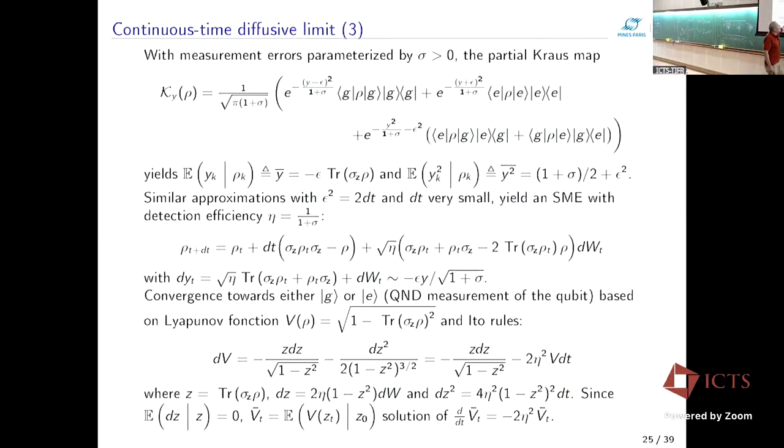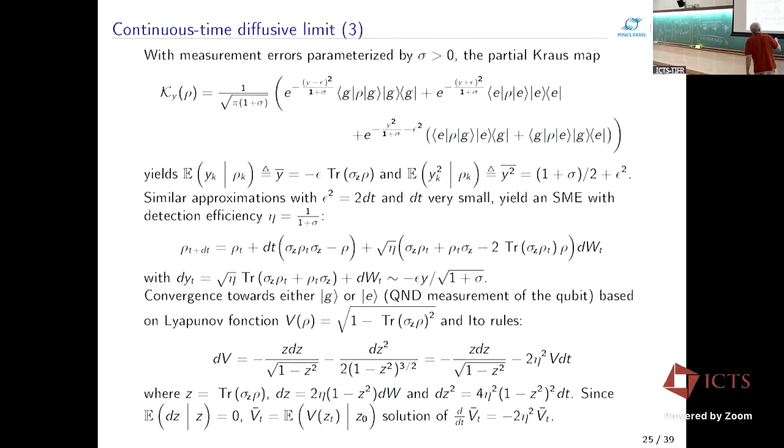So you agree with me that this is z, 1 minus z squared, so it is 1 minus z times 1 plus z. Z equal to 1 is the excited state. Z equal to minus 1 is the ground state. And the product is proportional to the product of the population in E and in G.